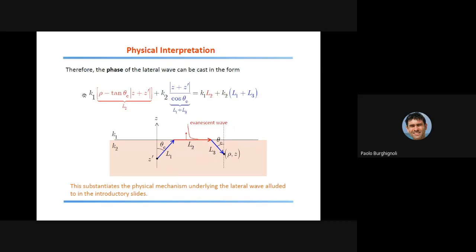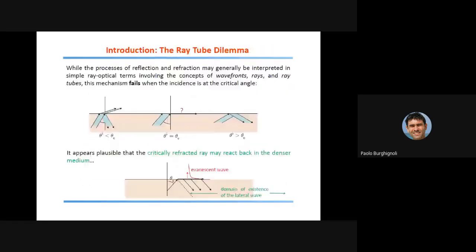So what we have discovered now is that the phase of the lateral wave that has been evaluated asymptotically corresponds exactly to the phase associated with these three paths. And so this gives us a clue that the physical mechanism associated with the lateral wave is exactly the one that we had introduced in the initial slides. Let me come back.